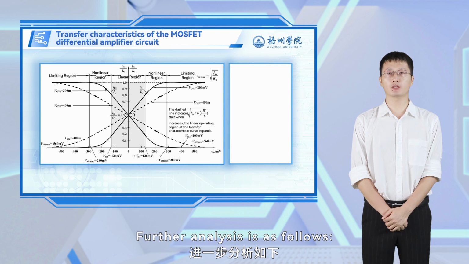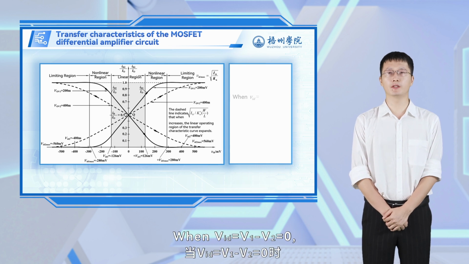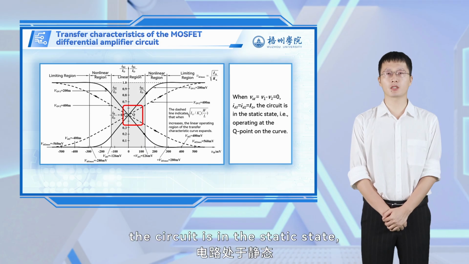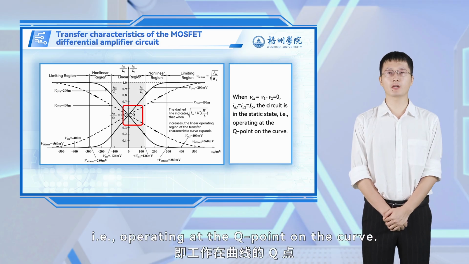Further analysis is as follows. When V_ID equals V1 minus V2 equals 0, I_D1 equals I_D2 equals I_O, the circuit is in the static state, i.e., operating at the Q point on the curve.